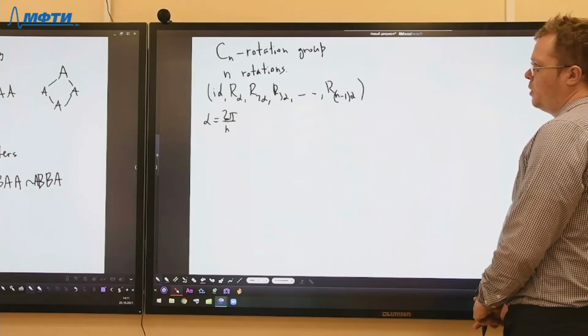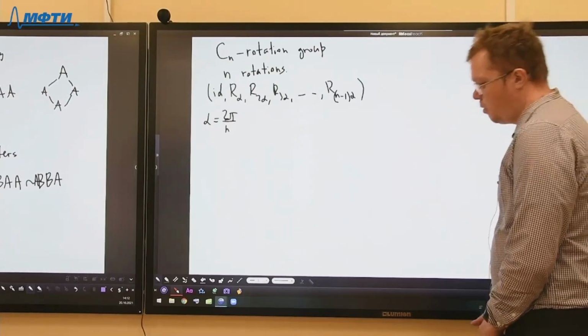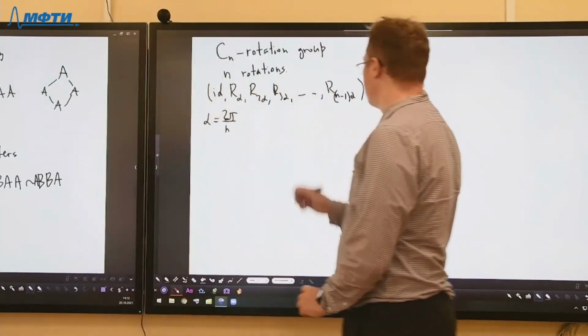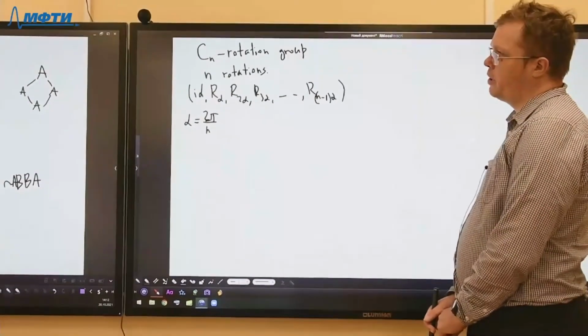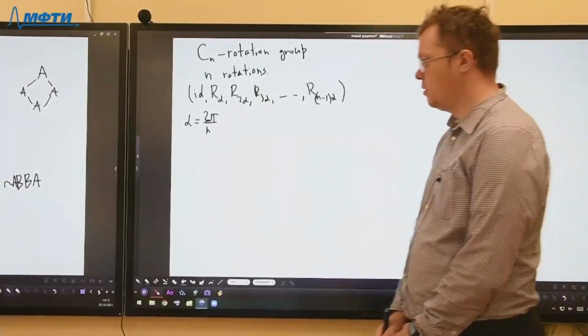And what I want to calculate is how many elements of these rotations stabilize my necklaces, or circular words.